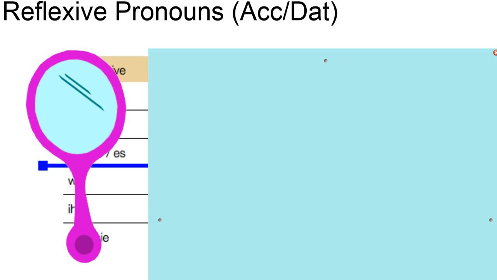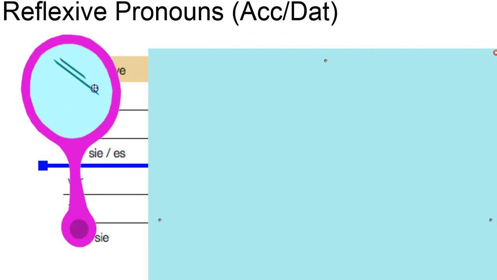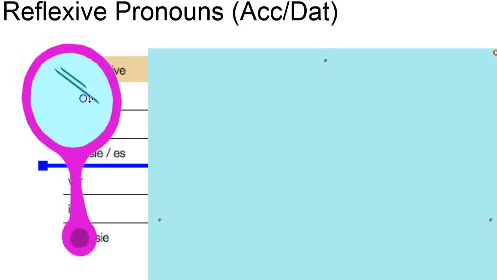That's a personal pronoun. A reflexive pronoun refers back to one's self. So the way I think of it is I think of it as a mirror. Okay? So when you look into the mirror, you see yourself. So yourself is a reflexive pronoun.